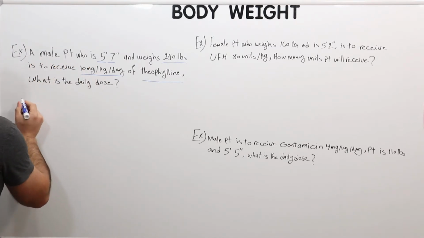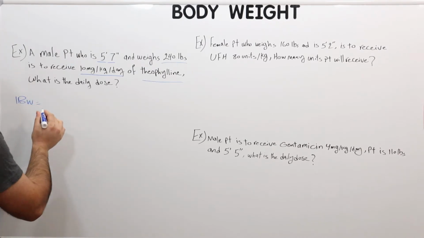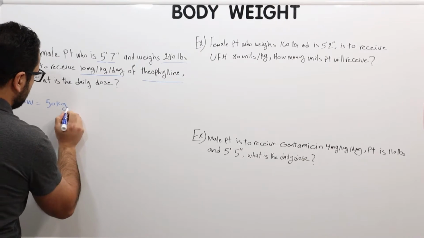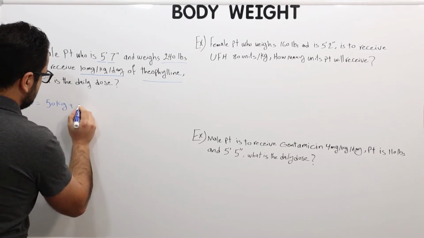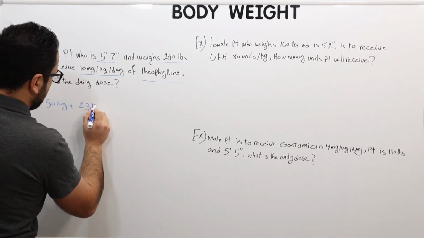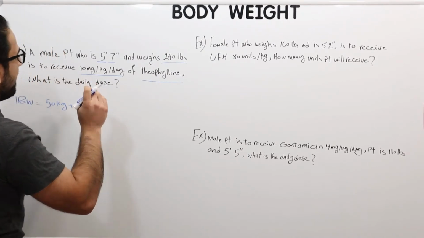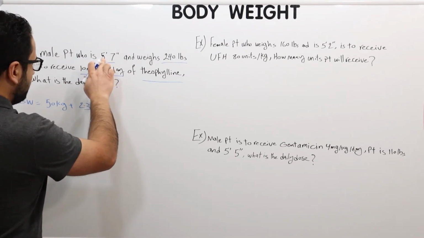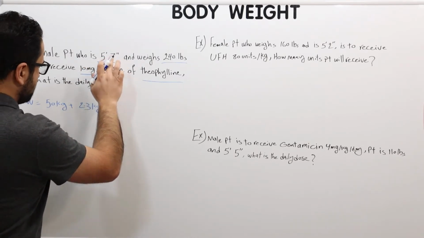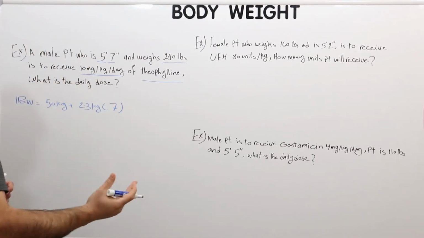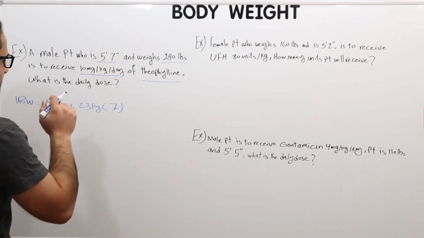Since it's a male, the ideal body weight equation would be 50 kilogram plus 2.3 kilogram multiplied by the number of inches above 5 feet. We have 5 feet and then 7 inches, so we plug in 7, because that's the number of inches after 5 feet.